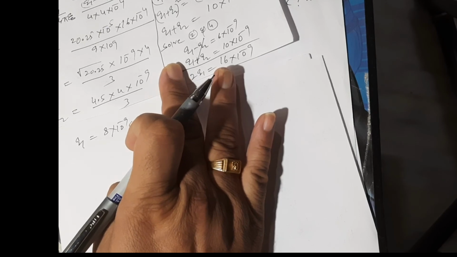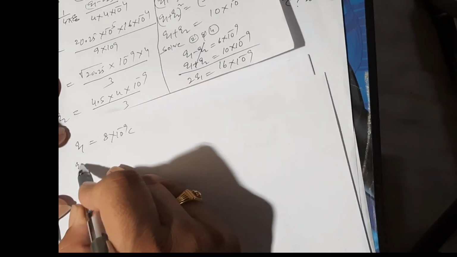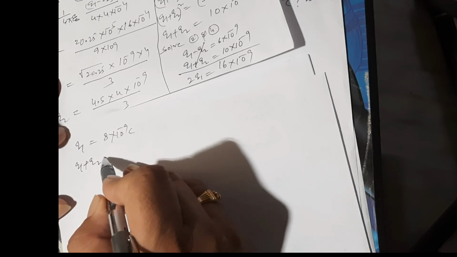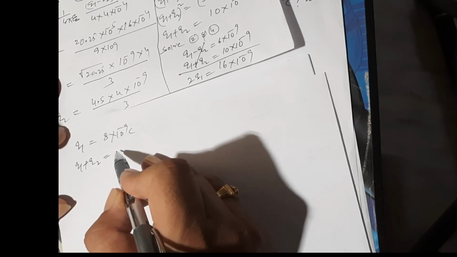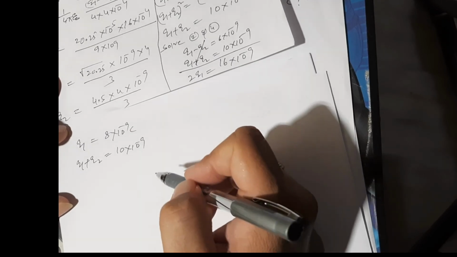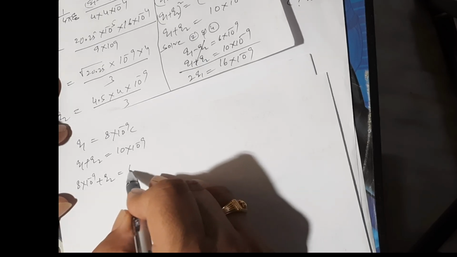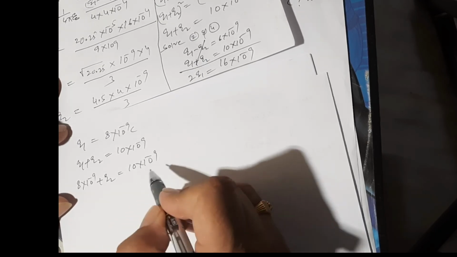Now q2 is equal to how much? Here q1 plus q2 is equal to 10 into 10 to the power of minus 9. Now substitute the value: 8 into 10 to the power of minus 9 plus q2 is equal to 10 into 10 to the power of minus 9.